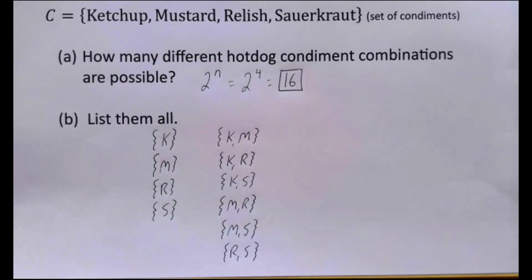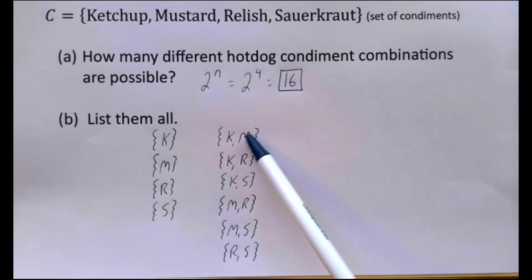You can try, but I think you're just going to repeat one of these. Again, remember, if you just switch the order, that doesn't make a new set. If you put, for example, M comma K, that's not any different than K comma M. Just switching the order of the elements in a set does not make it a new set. So I think we've exhausted all of the subsets with 2 elements each.